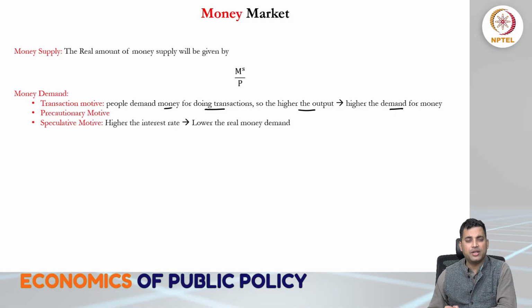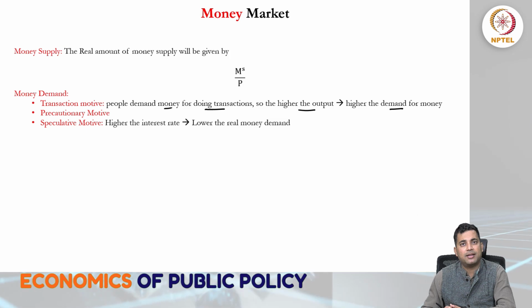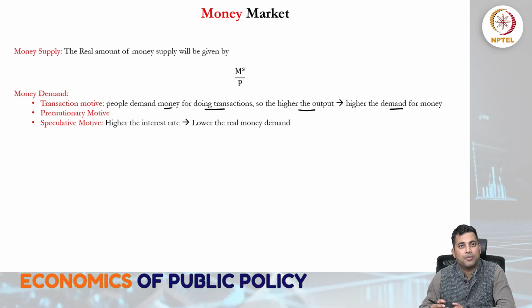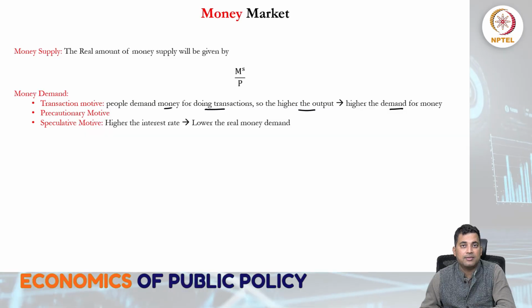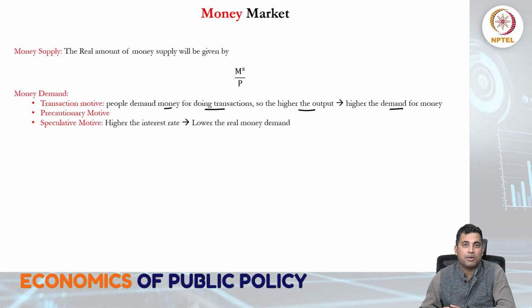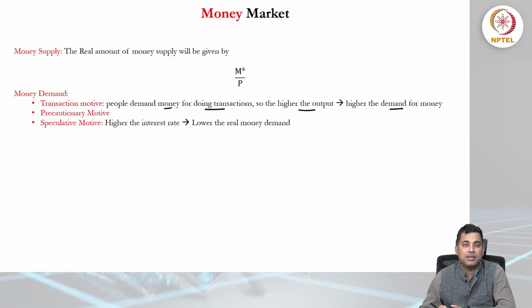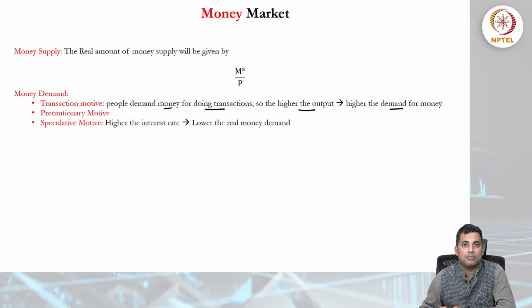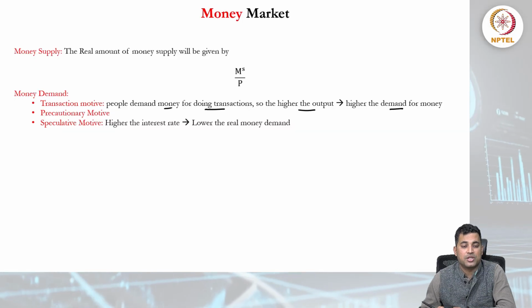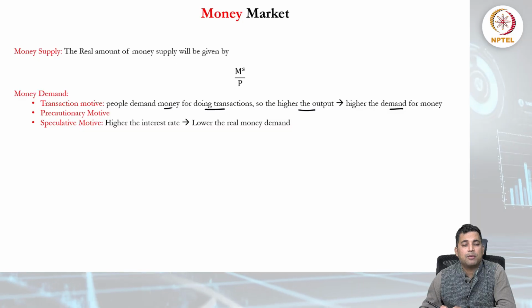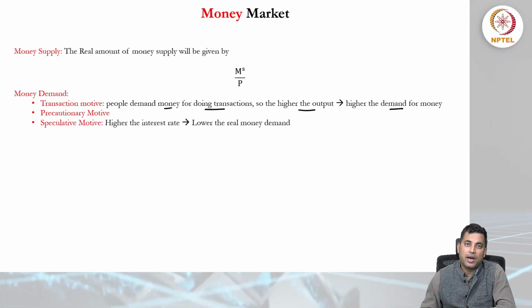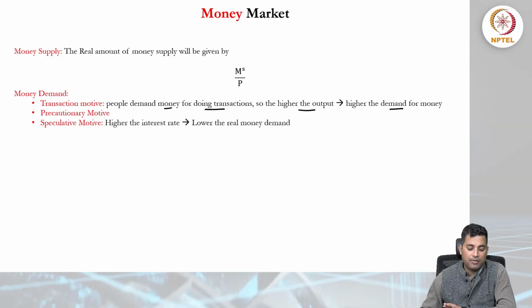The precautionary motive is very simple: for some accidental or adverse events, there is always a possibility that there will be a sudden, unanticipated demand for money, which we can refer to as precautionary demand for money. So due to the precautionary motive, there will be a rise in the demand for money.